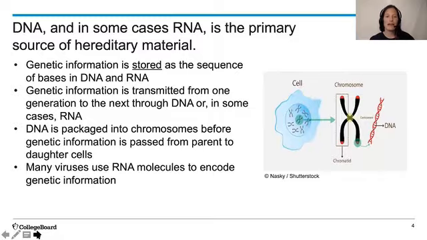This DNA is packaged into chromosomes. That's what the picture is showing you over there. And those chromosomes are then passed from parents to daughter cells. We're going to talk a little bit later, but viruses specifically use RNA molecules to encode their genetic information.